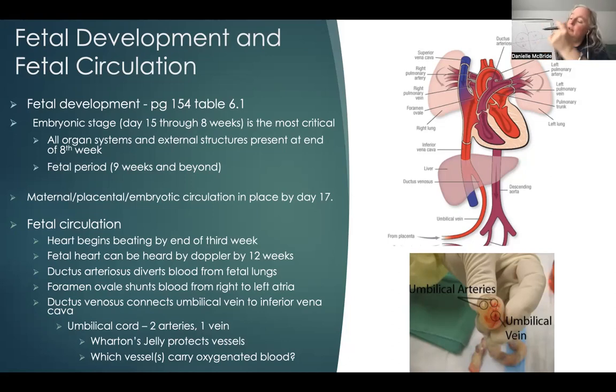Usually, the blood comes in here, then goes down to the ventricle, and then goes out to the lungs. There's two shunts that happen for the baby. One of them lives here between the two atria, okay? And this one is the foramen ovale. And so it will let this oxygenated blood that comes in go right over here and then down to the left ventricle and out to the body, okay?